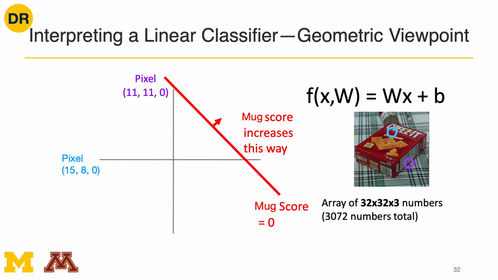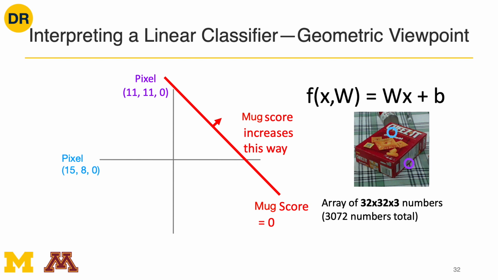Once again, because our model is linear, there's a linear plane that cuts through this pixel space, which corresponds to a level set of the score. In this case, with this red line, it's the mug. In other words, any images that fall along this line for pixel intensities of these two pixels, the corresponding score from our model is going to be the same value, even as the pixels change intensity.